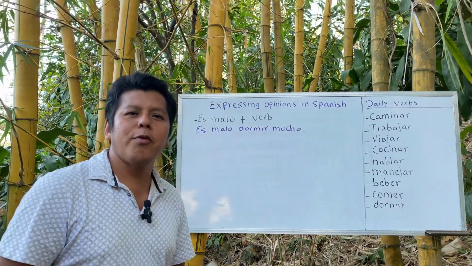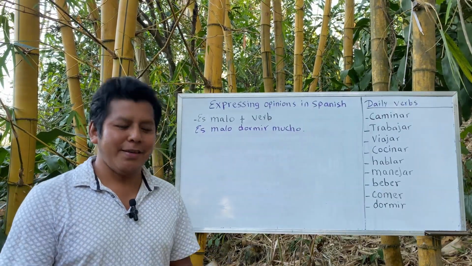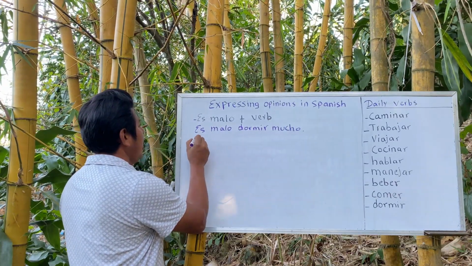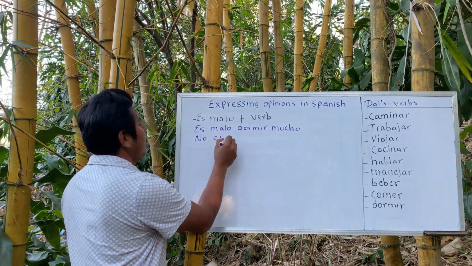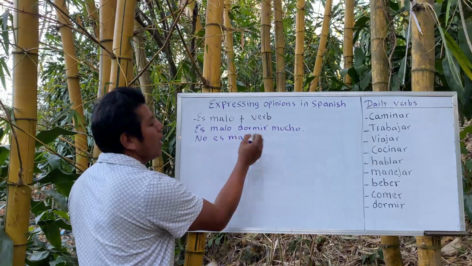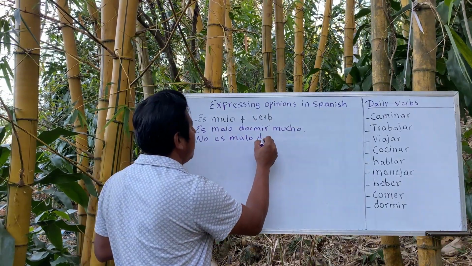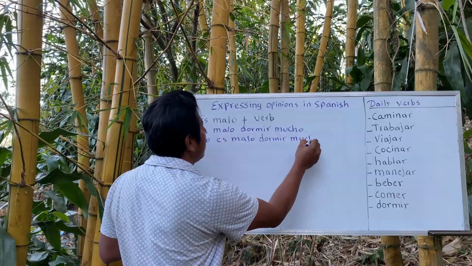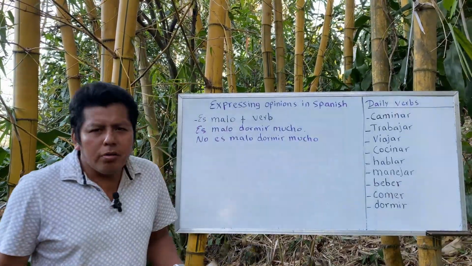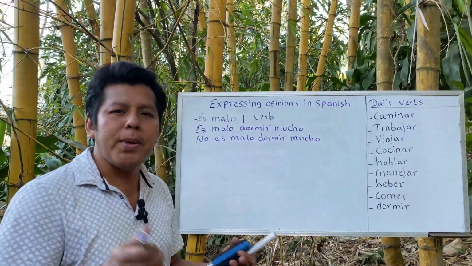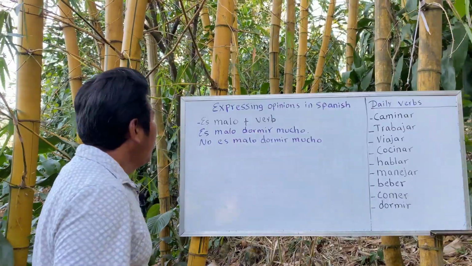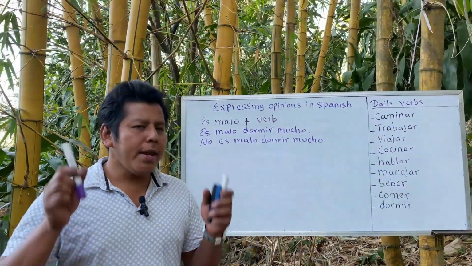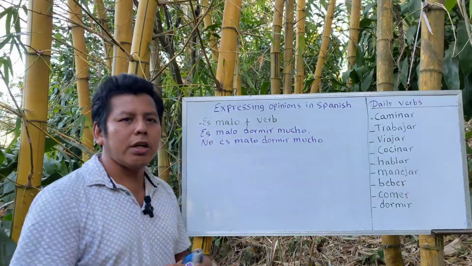But what if you want to say the opposite? You can say no es malo dormir mucho. No es malo dormir mucho. It's your opinion. So let's make another example with this structure.